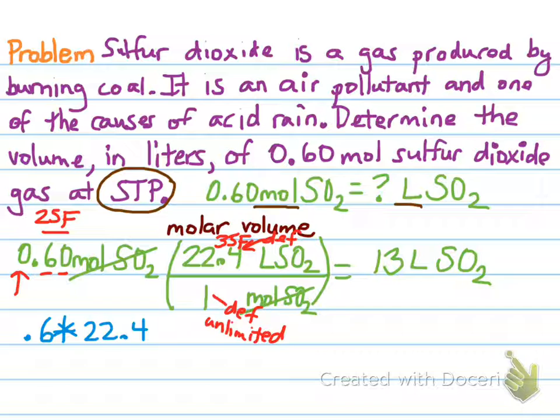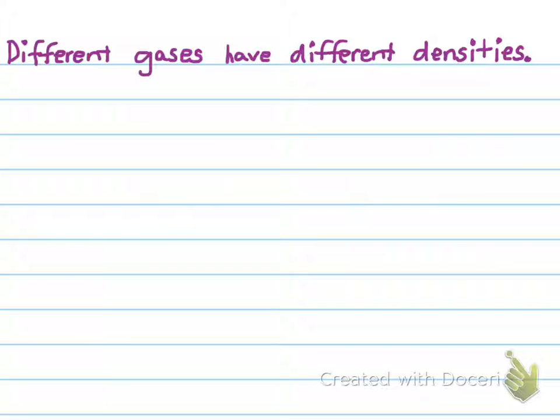So that's our first example. We're going to look at another example that's a little bit different type of problem, because sometimes you're going to be asked to calculate density. So know that different gases have different densities. And one of the ways that you know this, maybe you've not heard it in science class before, is when you let go of a helium balloon, what happens to it?